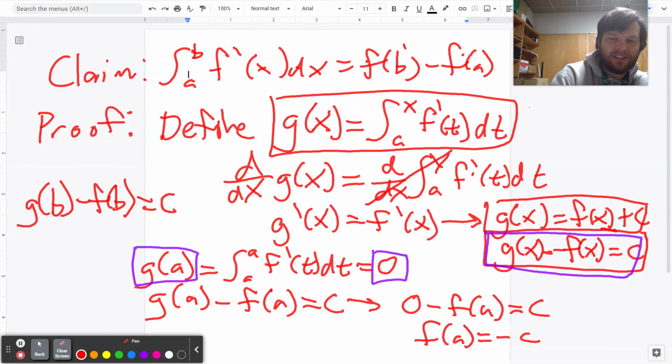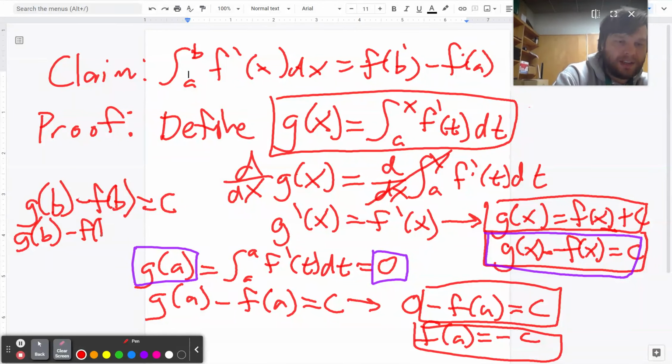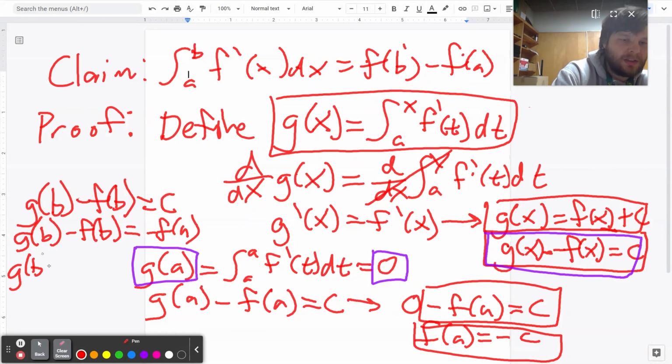And we just figured out that c is negative f of a. So g of b minus f of b is negative f of a, which means g of b equals f of b minus f of a.